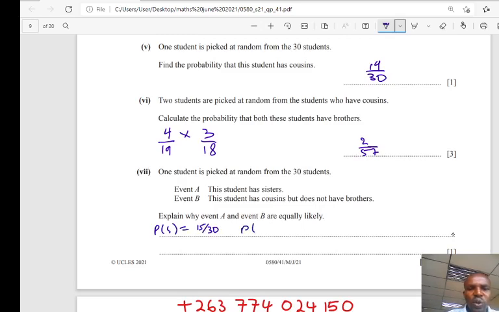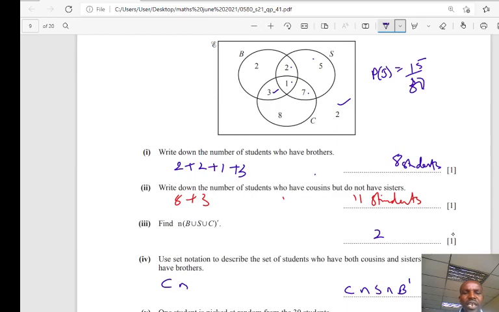Then the probability that a student has cousins but not brothers. We go up here. Cousins but no brothers is this one, 8 and 7, right?